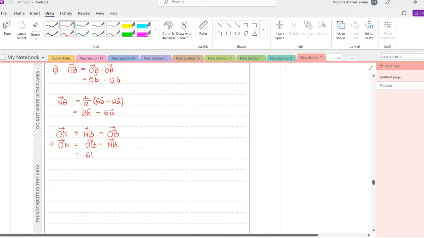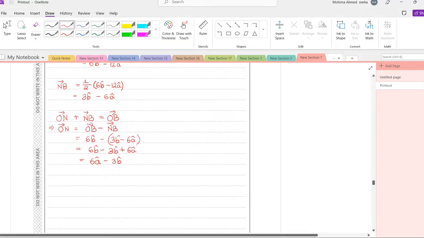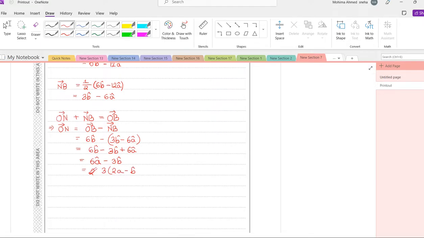OB was 6B minus NB was 3B minus 6A. Now it eventually becomes 6B minus 3B plus 6A. So you have 6A minus 3B. So you have the value for ON as 6A minus 3B, and if you take 3 common out of it, you have 3 times 2A minus B. Now this is the value for ON.